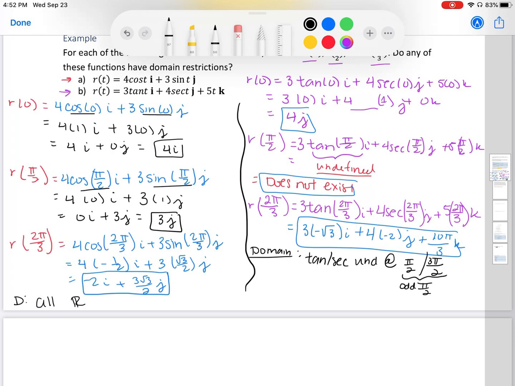So we write our answer that our domain for r of t is equal to t such that t is contained in (2n plus 1) over 2 pi, where n is contained in the integers.